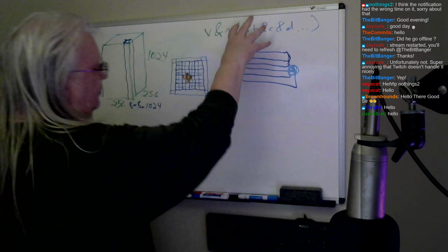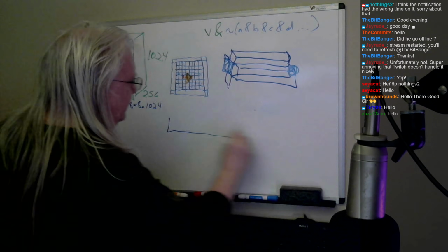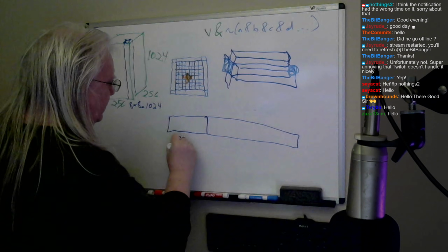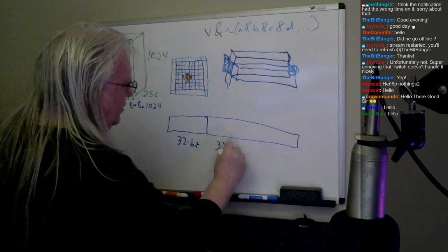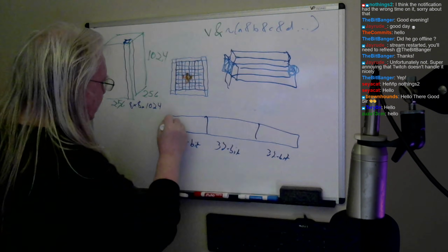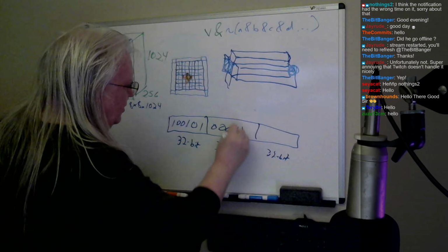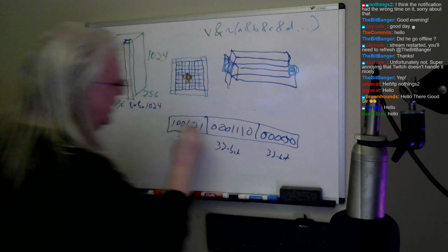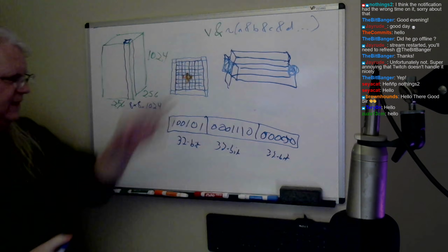So now, if you take that math and flatten that out, that just becomes this one long 32 bits, 32 bits, 32 bits. And each of these has a 1-bit if the corresponding voxel needs to get meshed.